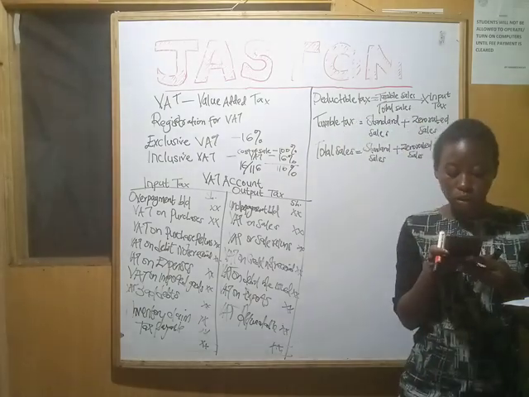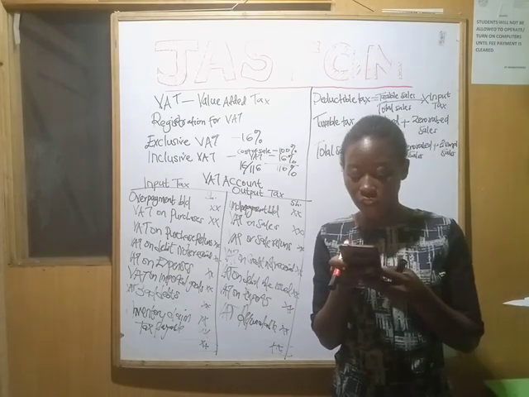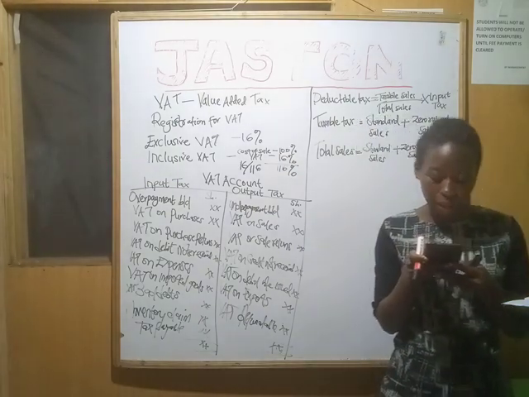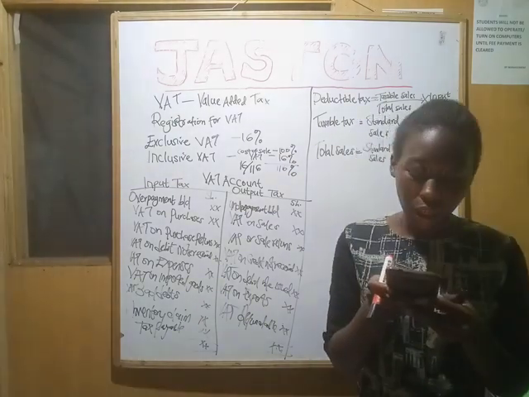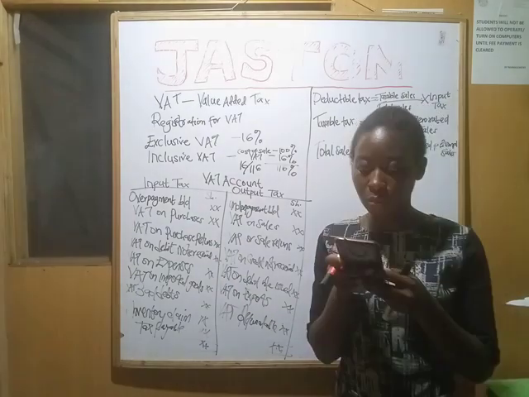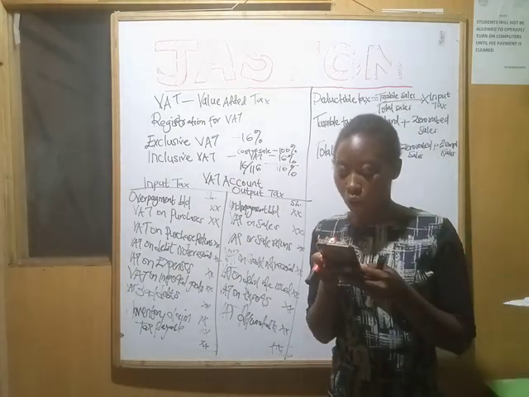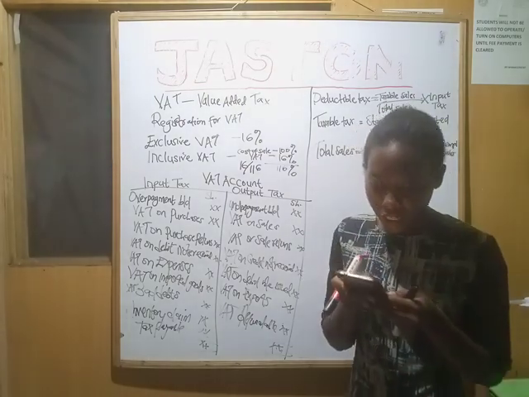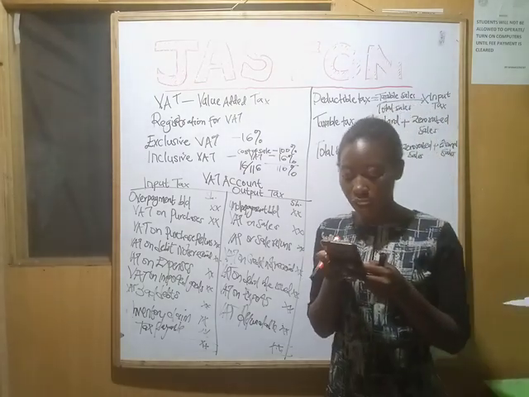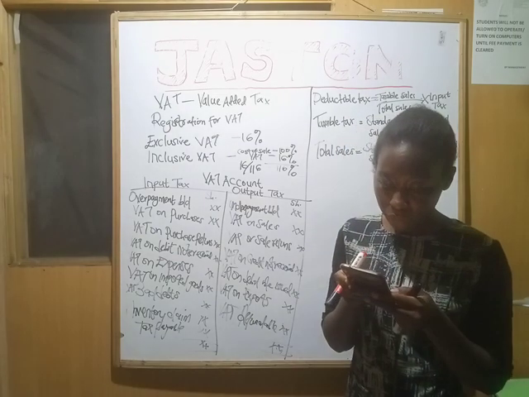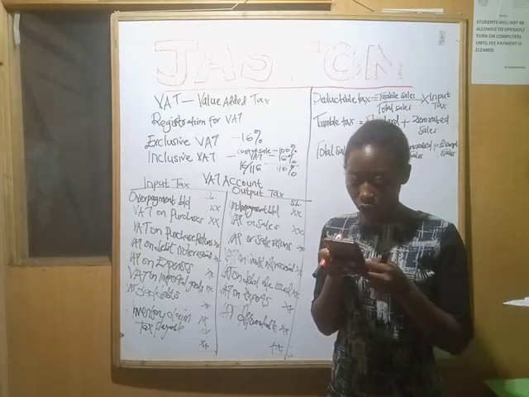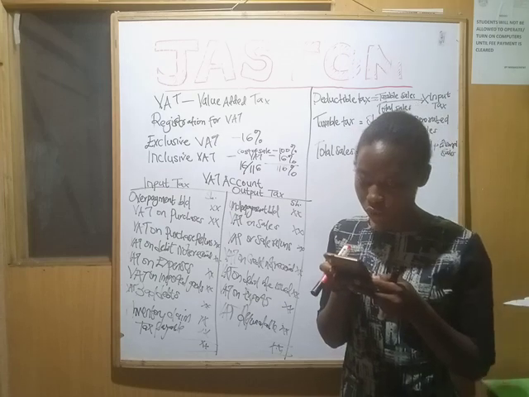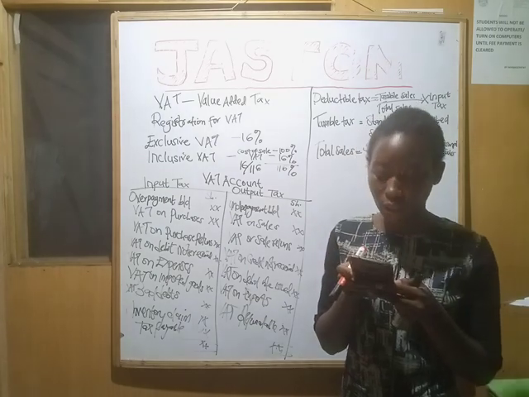April 1, sold goods on credit to Ufanisi Traders for 500,000. April 2nd, purchased goods on credit from Salama Enterprises for 250,000. April 3rd, paid for catering expenses 85,000 by cash. Ufanisi Traders returned goods valued at 75,000.